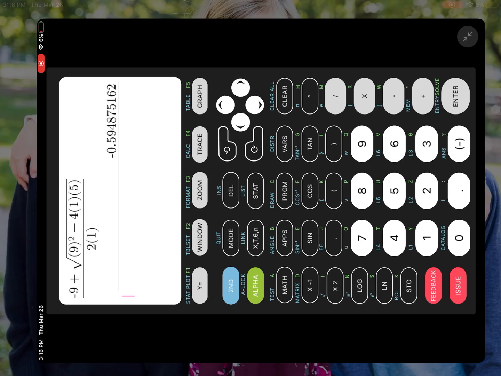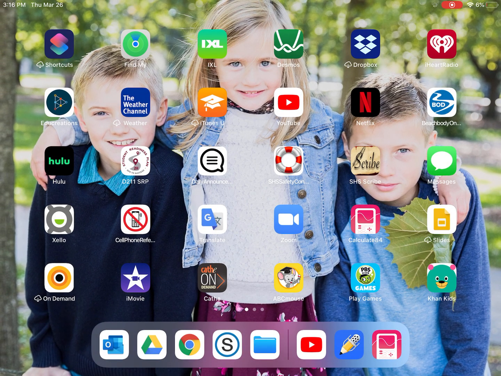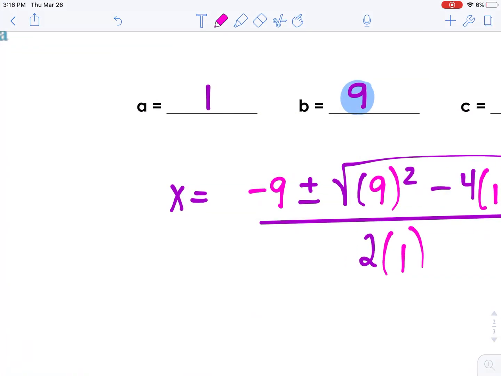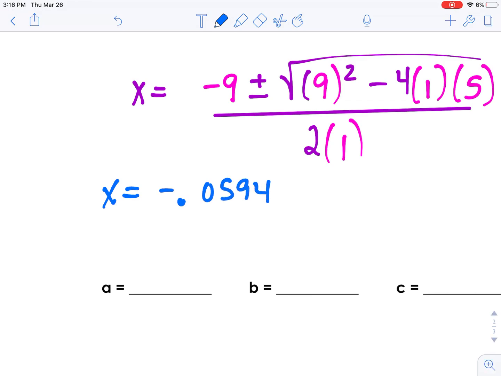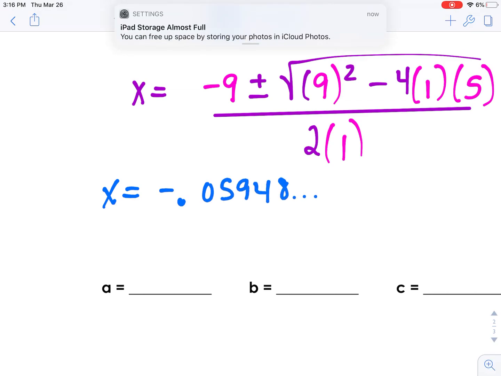So I'm going to go back to my Notability, and I hope it turns my screen for you and you weren't looking at that upside down. If I write down what we had, they told us x equals negative 0.0594, and it goes on.